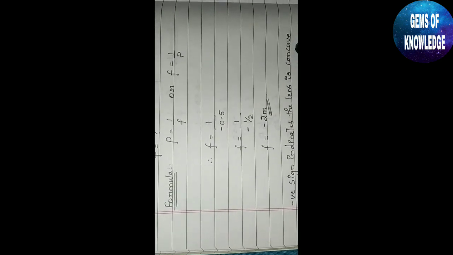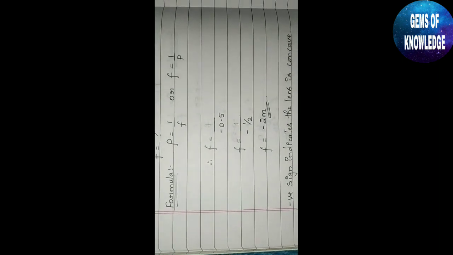When we take this 2 to the upper side, it becomes 2 meter, and the minus sign remains as it is. The negative sign indicates the lens is concave. So the answer is minus 2 meter and the lens is concave.